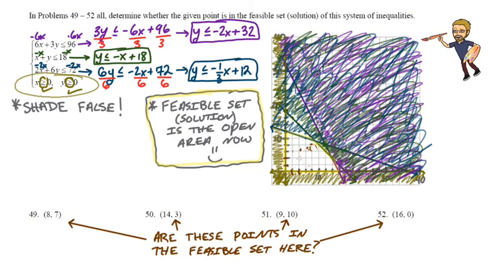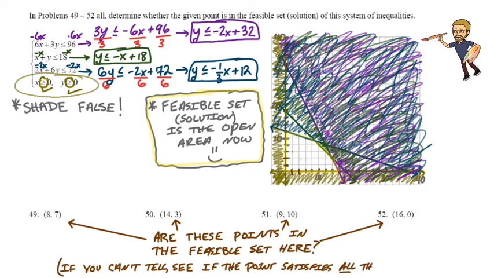But if you can't tell just by looking at the graph whether a point is in the feasible set, then you need to go and actually do a little bit of algebra. You need to plug in those xy coordinates to each one of the inequalities above and see if it's actually true for all 3.